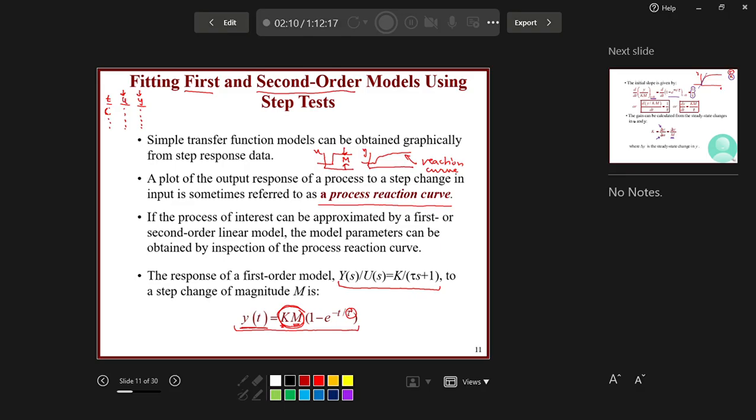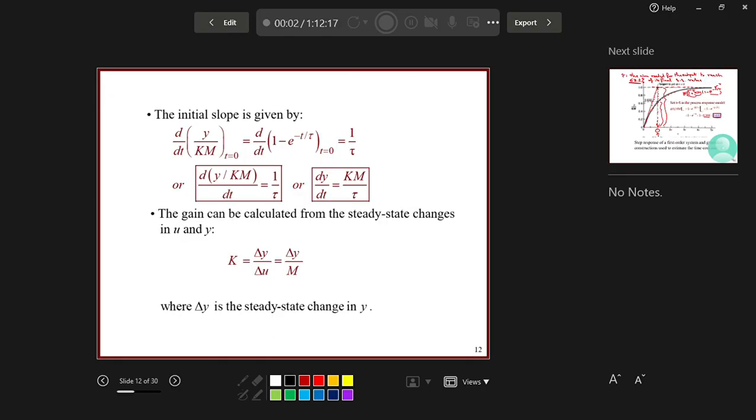Let's see how we can implement this on actual data. Considering a first order model, this is the response of a first order model, y and t. Now we need to calculate the values of tau and K. For tau, the time constant of the process, what we need to do is to find the derivative of the curve at time equal to 0.